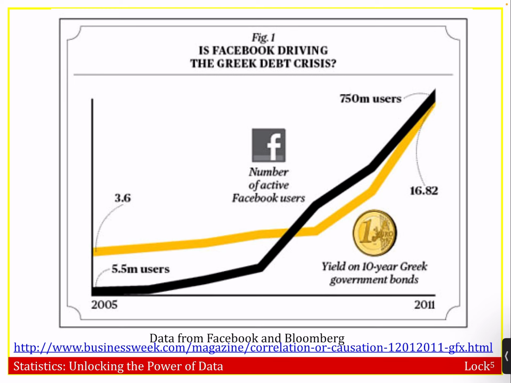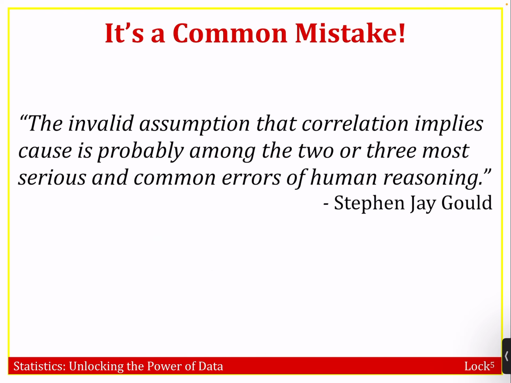Of course the answer is no. Again, correlation does not imply causation. But it's a common mistake. Stephen Jay Gould has said that the invalid assumption that correlation implies cause is probably among the most serious and common errors of human reasoning.